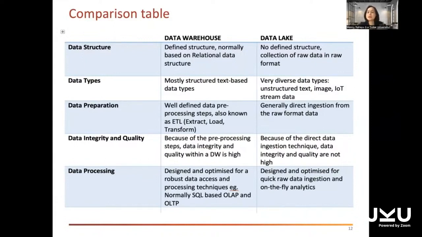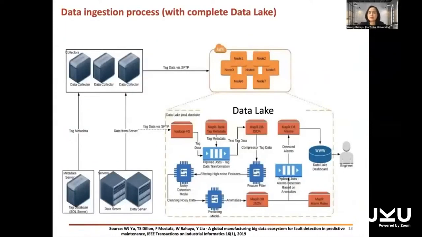So the next thing is we have to do the pre-processing ourselves. Because of the direct data ingestion, the data integrity and quality are not high, and therefore we need to develop some mechanism. This can be very unique for each typical set of data, with a different way of data pre-processing.